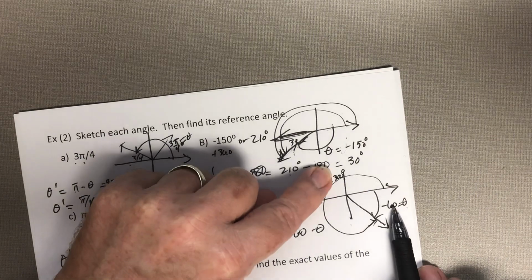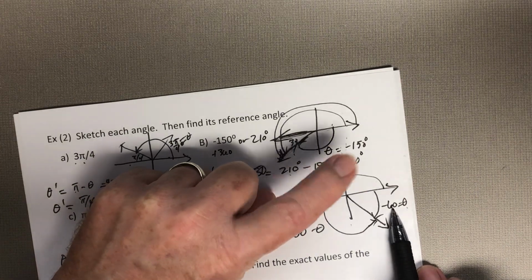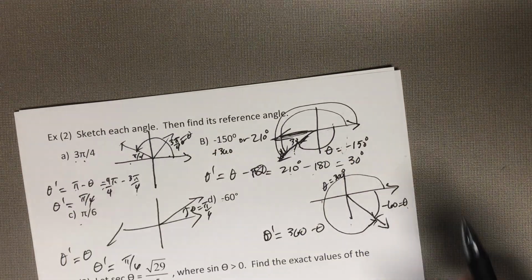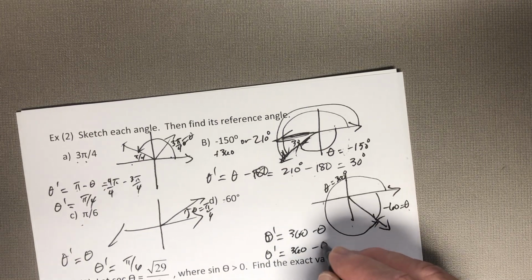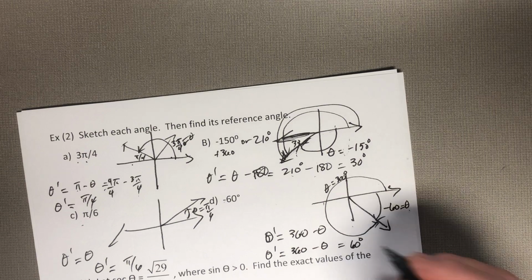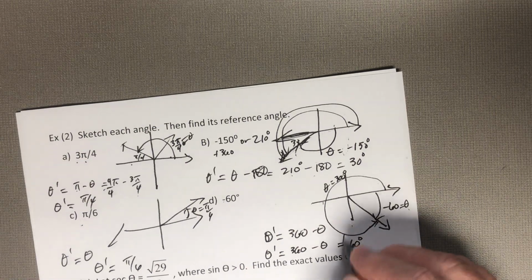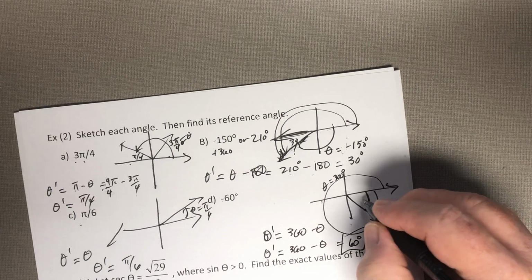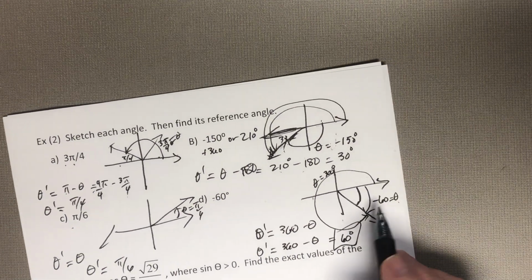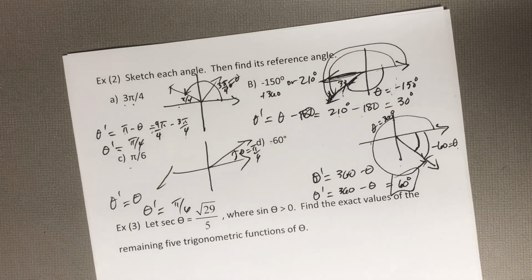These thetas are equivalent, by the way, but we want to use the positive one because it's between 0 and 360. So theta prime would be 360 minus theta, which is just 60 degrees. There's your reference angle right there, and by the way, it's just that angle right there. It is 60 degrees, but you just basically got to use your rule and figure that one out.